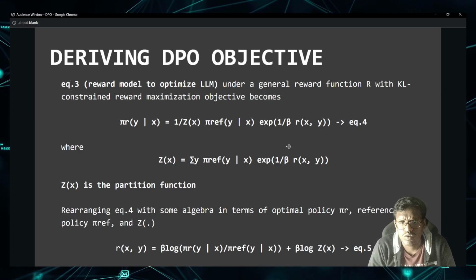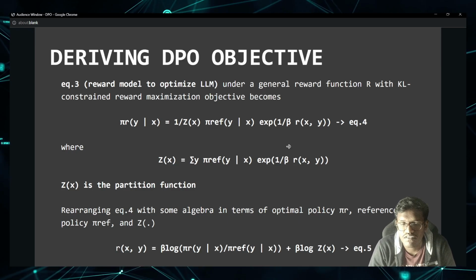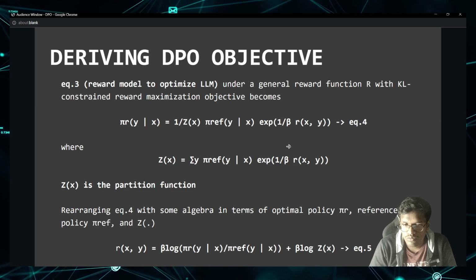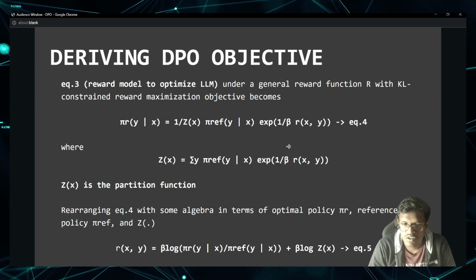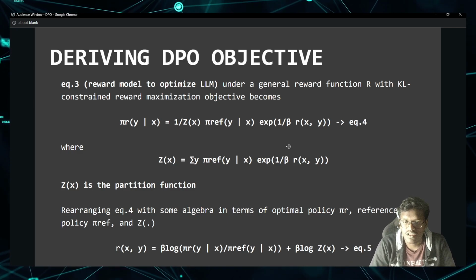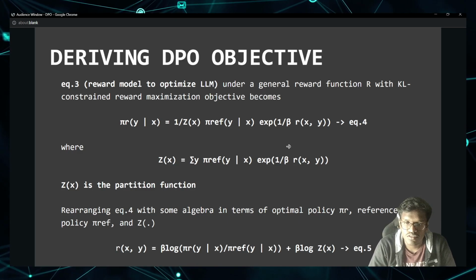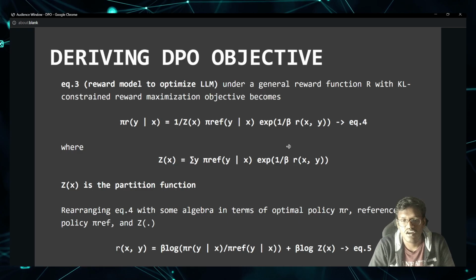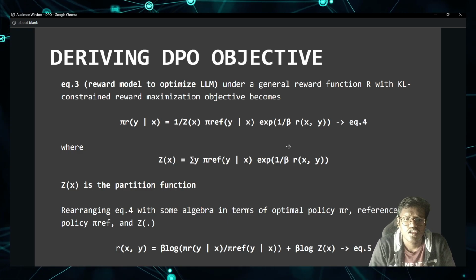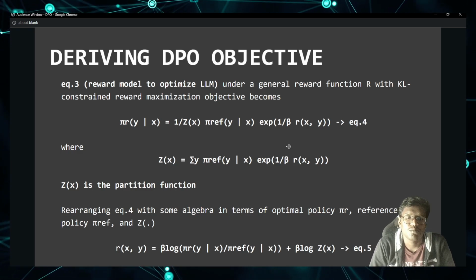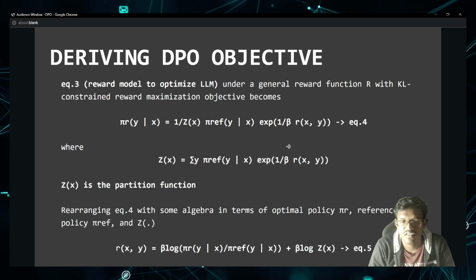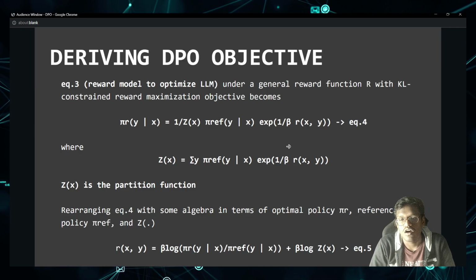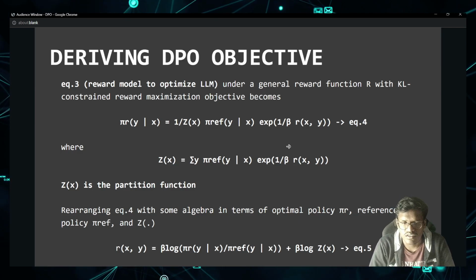But now you have this exponential, so we can remove it by taking log on both sides. Log of Z of x into pi r of y given x by pi ref of y given x will be equal to 1 by beta r of x comma y.